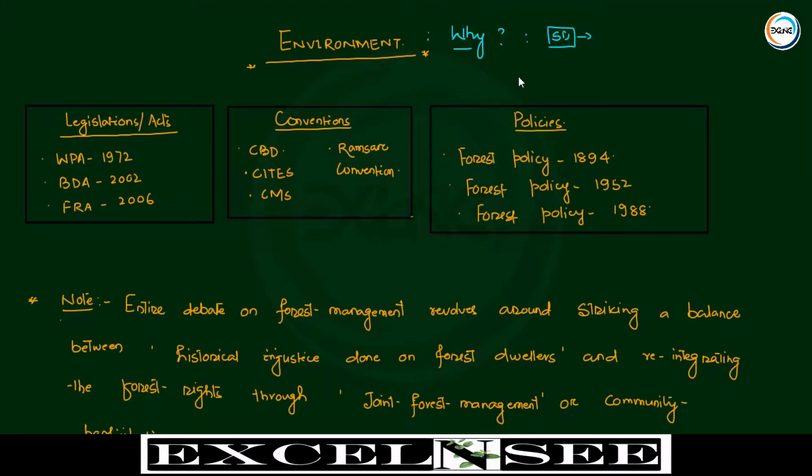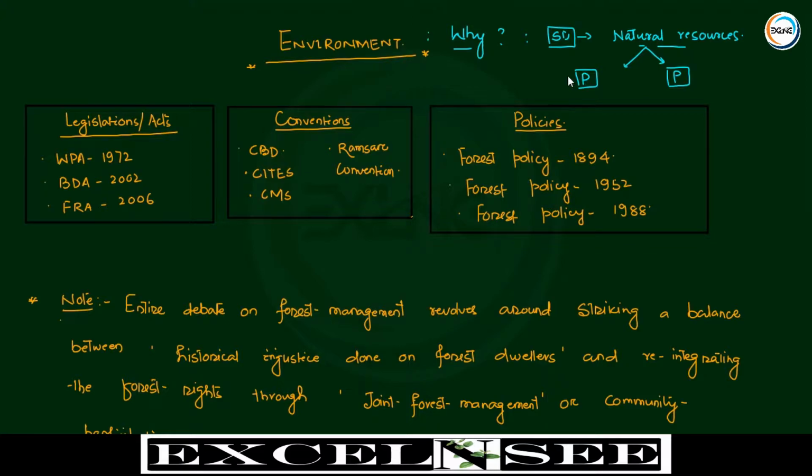What do you mean by sustainable development? It simply says that there should be judicious utilization of natural resources. The natural resources fulfill the needs and demands of the present generation, and we should take care of the resources so that the demands and needs of the future generation would not be compromised.